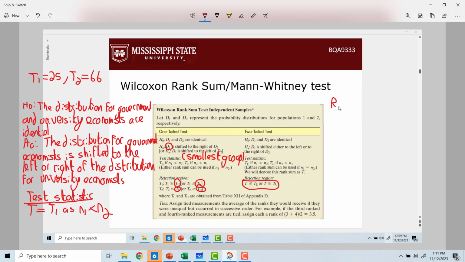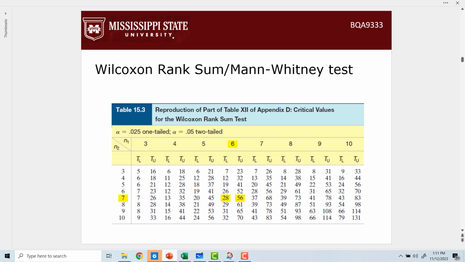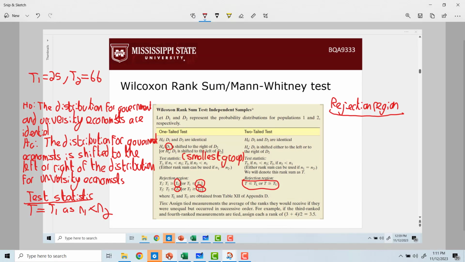So our rejection region. Okay, let's go back to the slides. Our rejection region is basically we reject if T is less than or equal to 28, or greater or equal to 56.